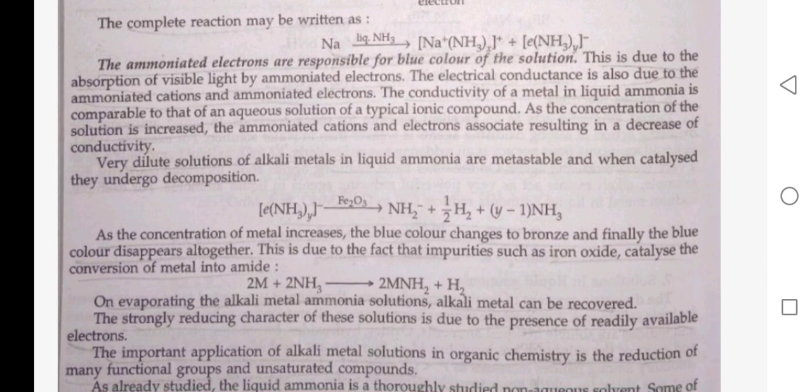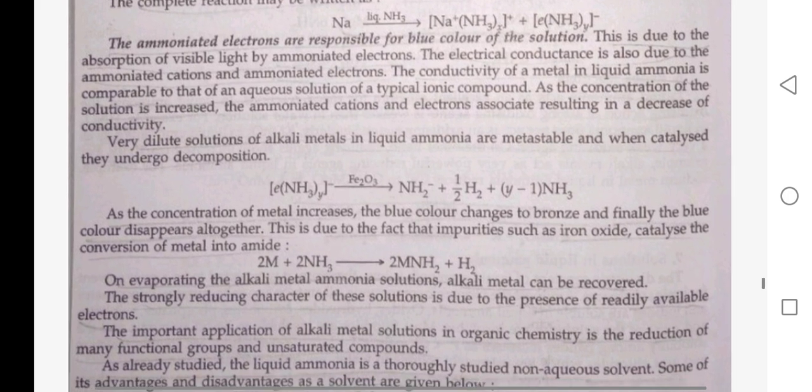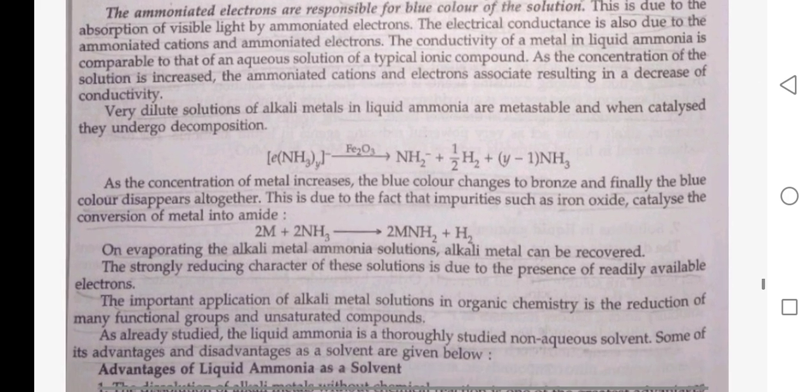This is due to the absorption of visible light by the ammoniated electrons. The electrical conductance is also due to the ammoniated cations and ammoniated electrons. The conductivity of a metal in liquid ammonia is comparable to that of aqueous solutions of typical ionic compounds.